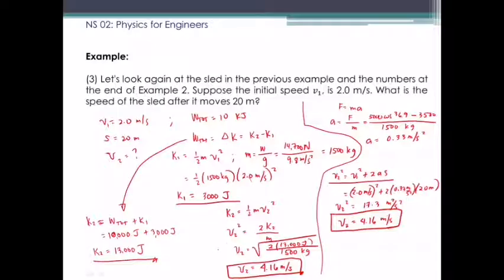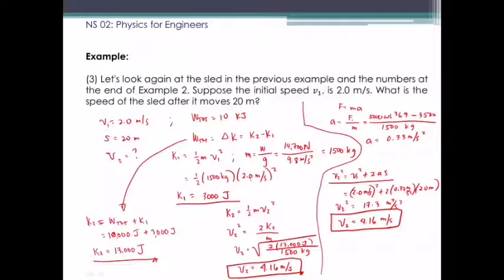So here, in the work-energy approach, the total work was given in our previous step. We get the K2 by subtracting K1 from your total work. Then when you have obtained your K2, from the formula for K2, that is 1/2 mv2 squared, you now solve for V2. Here, using Newton's second law, F is equal to ma, we obtained the acceleration.